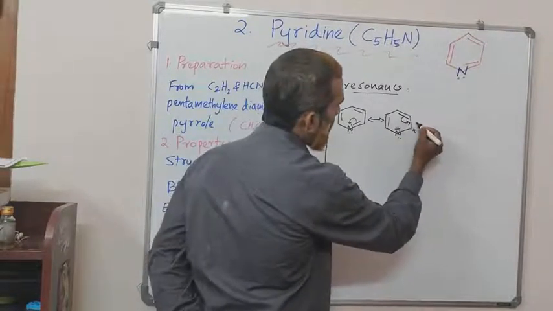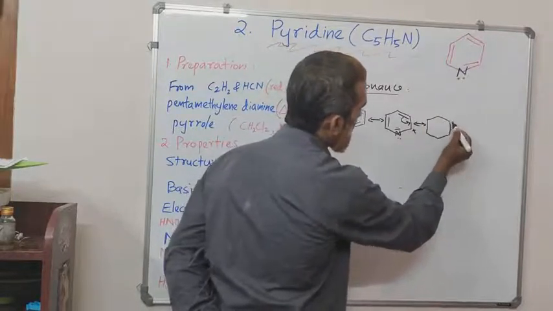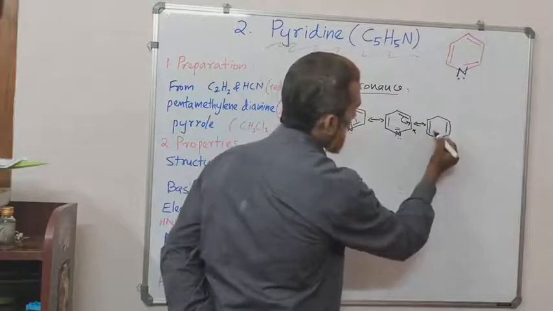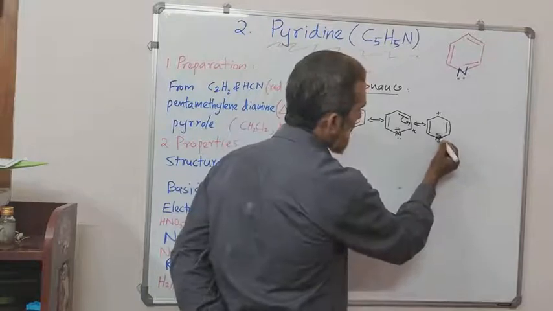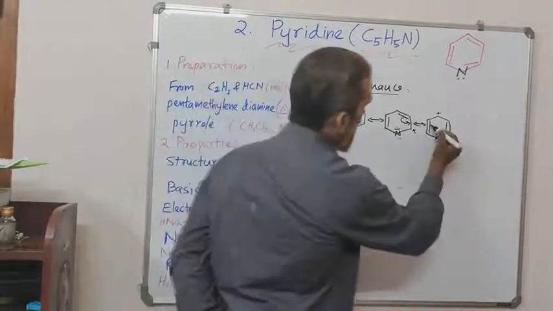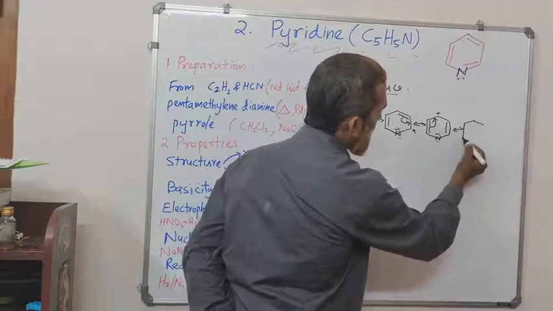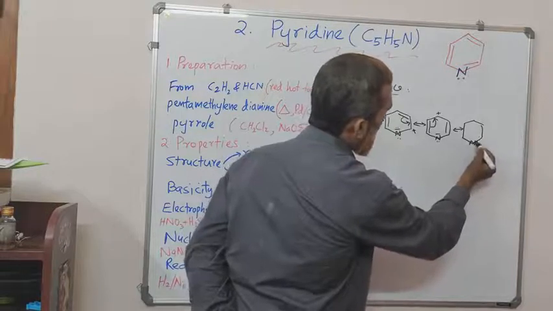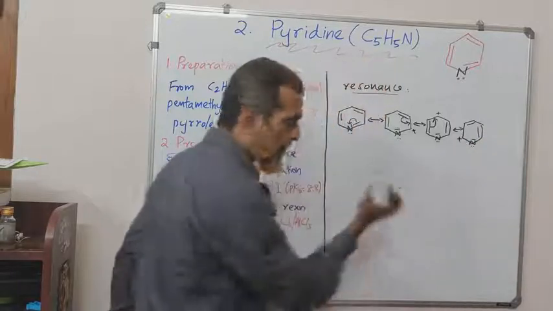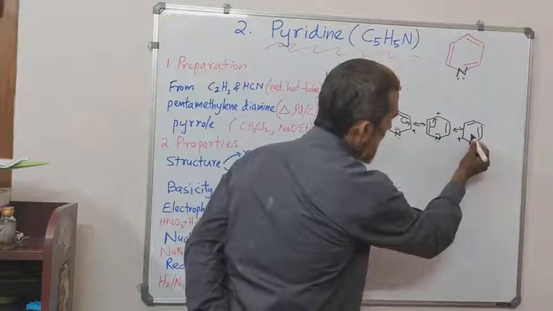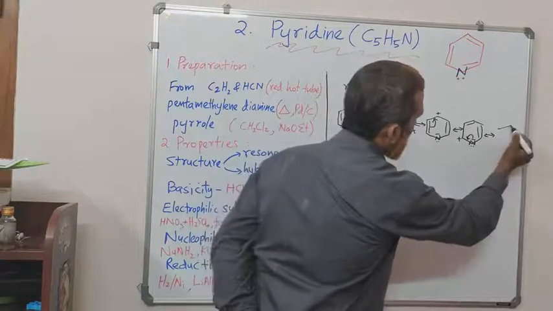This pi bond will move to get the third structure. Positive charge now appears here, and there is negative charge and lone pair. The next moving this one, you get positive charge now over here, and finally this lone pair is shifted, giving the last structure.